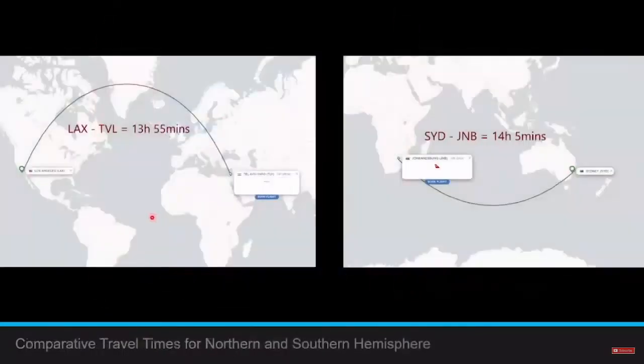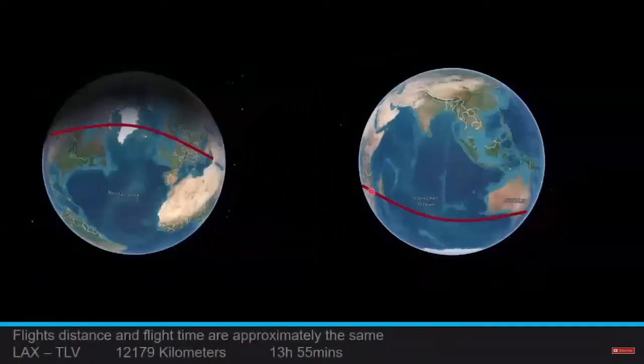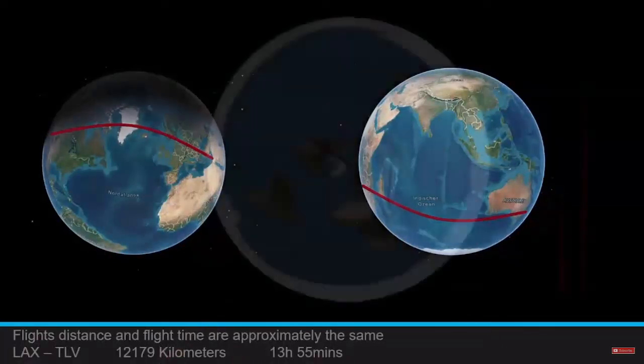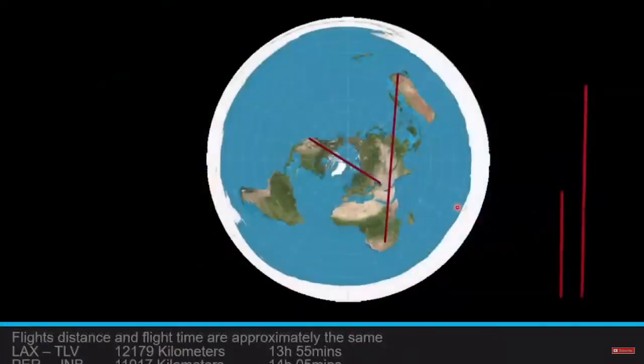The third thing I want to talk about is flight times. This is two flights, LAX to Tel Aviv in Israel, and Sydney to Johannesburg. They're both about the same time, and about the same distance. This is how it works on a globe Earth. This is how it works on a flat Earth, or rather doesn't work.